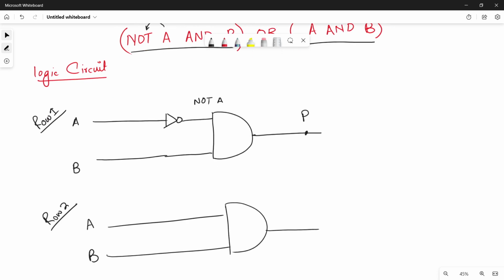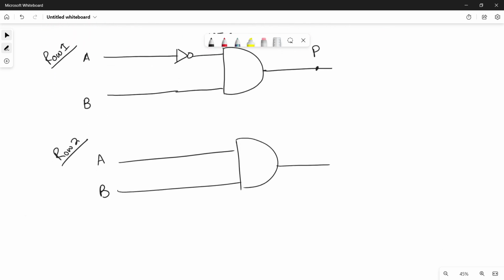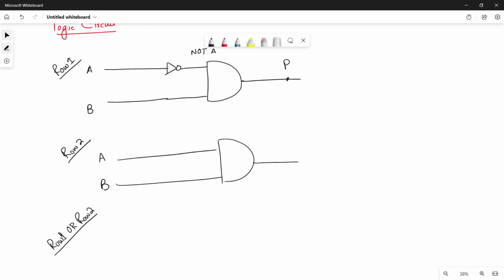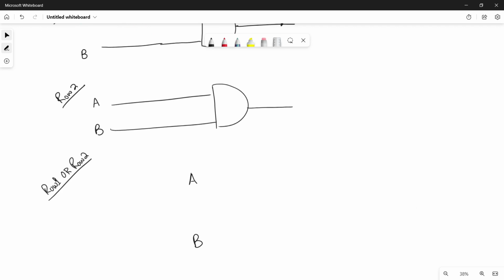Now we need to combine both of these circuits, row 1 or row 2. This is what you have to do. So let's do it. It's A, B. A is going through an inverter to an AND gate. B is going directly.